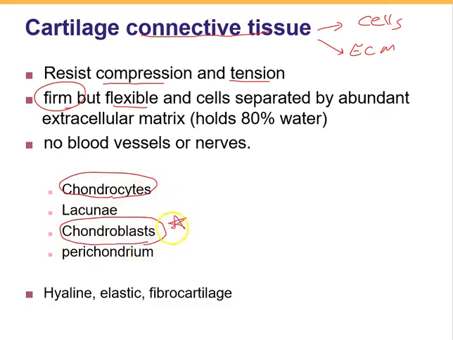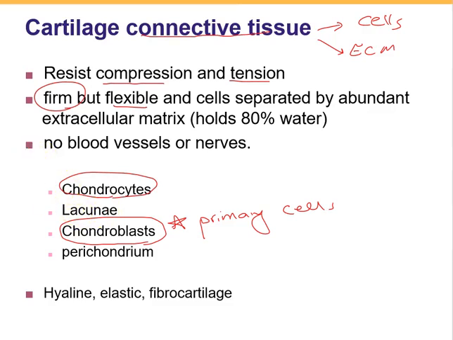Chondroblasts are the primary cells of the cartilage, which are responsible for producing the extracellular matrix. And chondrocytes are the cells which are responsible for maintaining the extracellular matrix. Chondrocytes reside in small spaces called lacunae within the matrix.